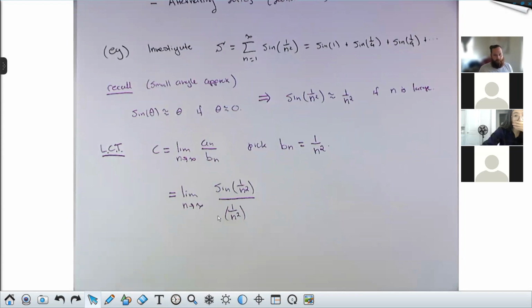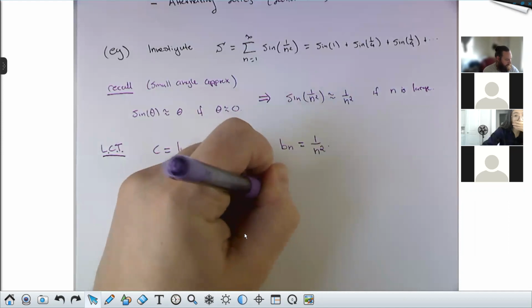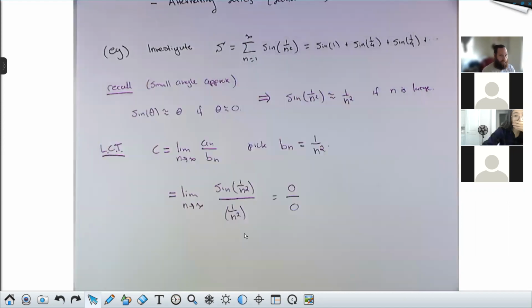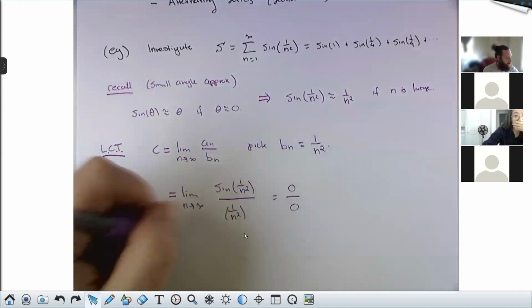If you just try to plug in infinity, which is a good first thing to do, the top is going to be sine of 0 because 1/n² goes to 0. And the sine of 0 is 0. The bottom is also going to be 0, right? 1/n² goes to 0 as n goes to infinity. So this looks like 0/0, which means we can use L'Hopital's rule.